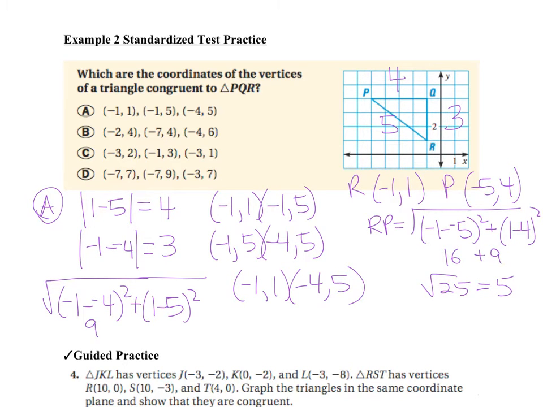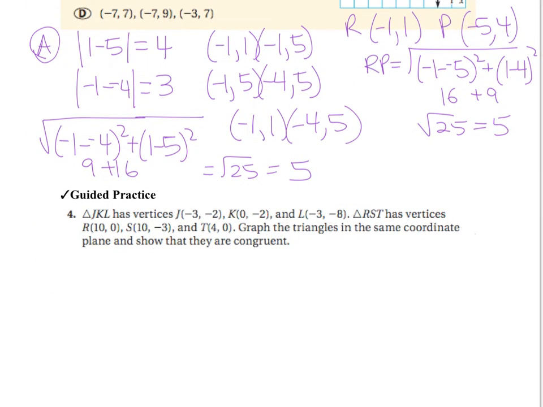So this gives me 9 plus 16. And I can see that will then be the same, so it's A. If A did not work, you would have to do that for each of those choices until you found one that was 3, 4, 5 lengths.